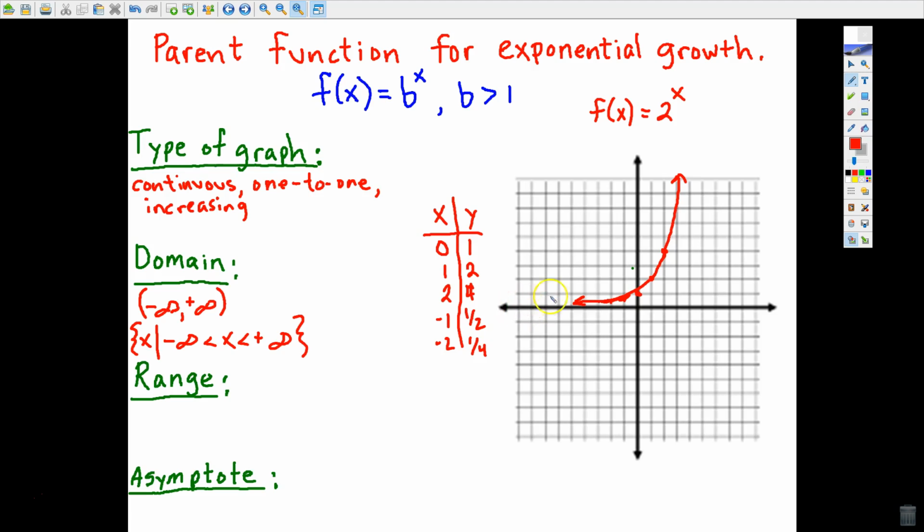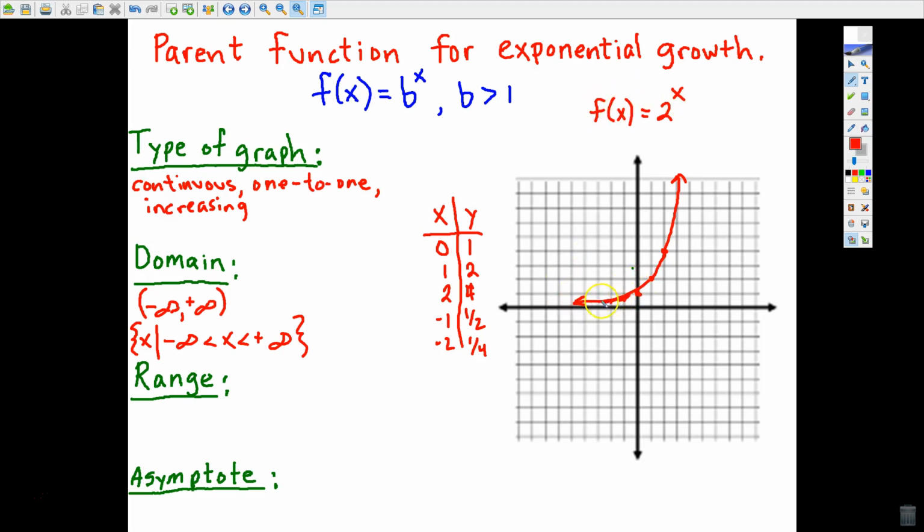We'll never get there. If we let x be -2 million, that's just going to be a really, really small fraction, but it's still going to be greater than 0. So we're never going to have a situation where y, or this function, is equal to 0. There's no way to input a number for x to cause this function to equal 0.